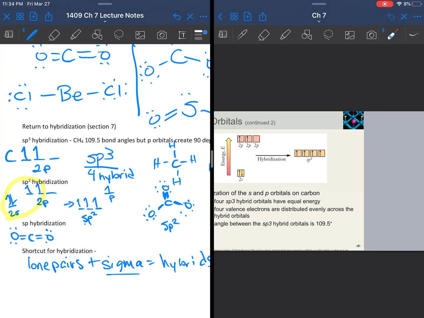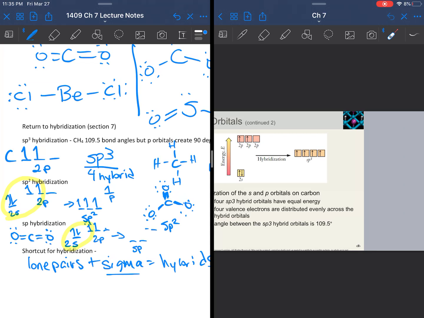Sp hybridization, when we saw the carbon dioxide. You have 180 degree bond angles. You're going to take the 2s, and this time, only one of the p orbitals. You're going to mash them up together, roll them back out.